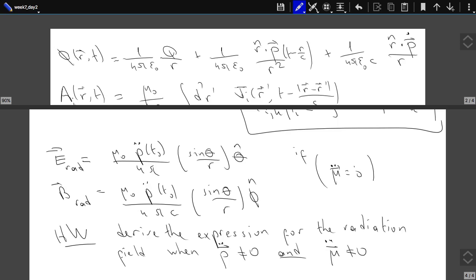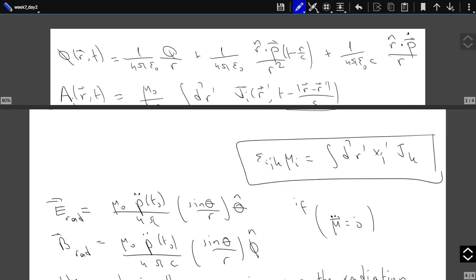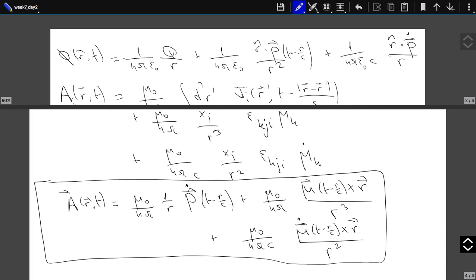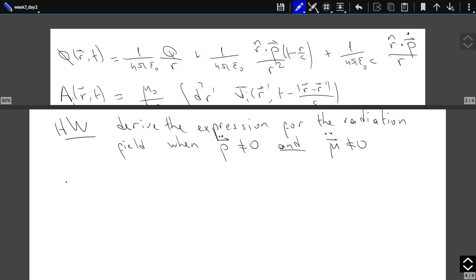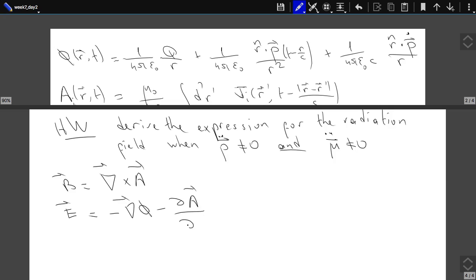No, you see, you will take the derivatives of the vector potential, this one, and the scalar potential, that one. Keep in mind that B is the curl of A, and E is equal to minus the gradient of phi minus del A by del t.